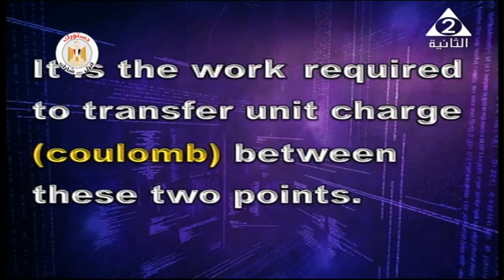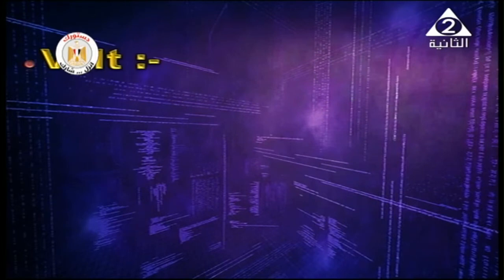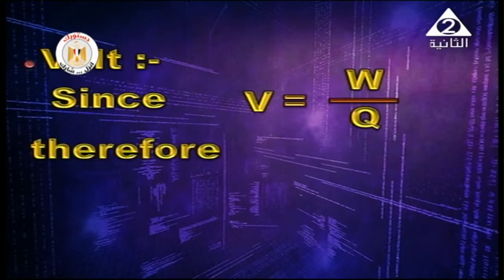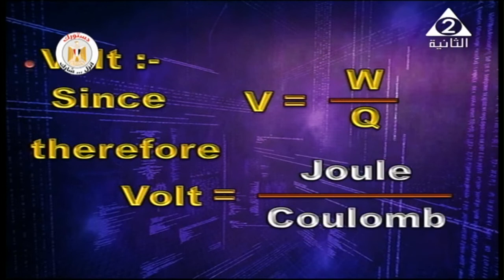It is calculated from the expression V equals W over Q. So since V equals W over Q, volt equals joule over coulomb.